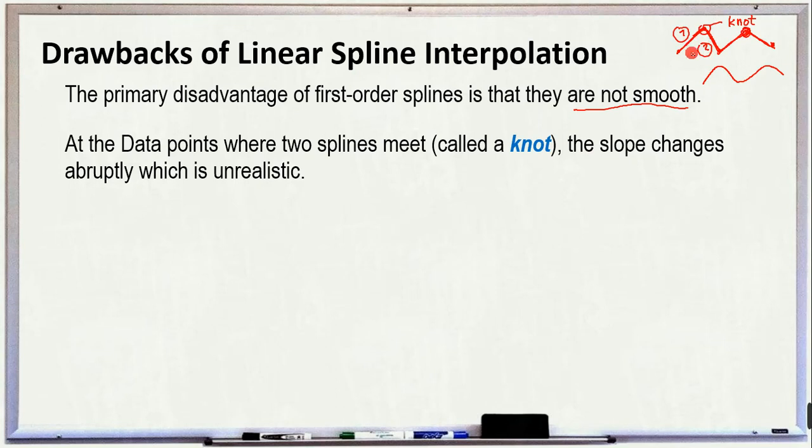Kani knot po siya, but the endpoints, these are not called knots. So ang katurang mga inner data points, they are called knots. So diri sa linear spline, again unrealistic. It's because ang slope may change din siya abruptly. Meaning pag abot sa knot, wala man lay transition nga smooth, no? Unlike kung curve siya. Manay ikaduhang disadvantage.